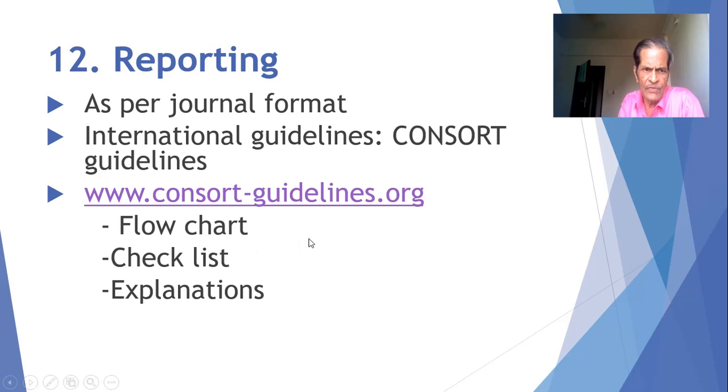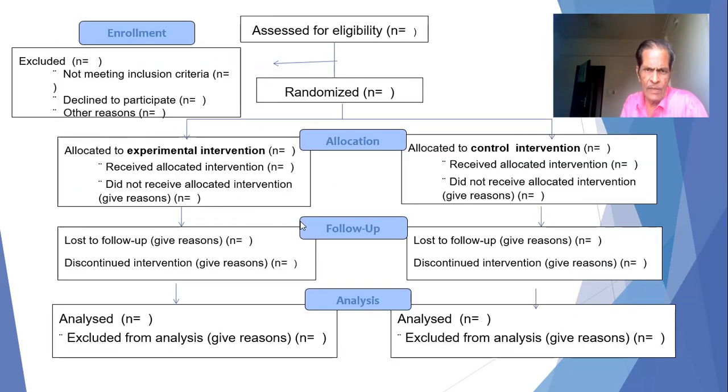The guidelines consist of the flow charts, the checklist, and certain explanations, and you should go through this checklist and the flow charts and see that the report is prepared as per the guidelines given by the CONSORT organization. This is an example of the flow chart given by the CONSORT organization.